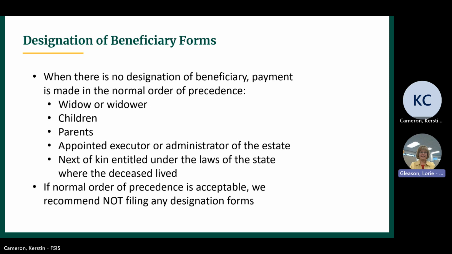When there is no designation of beneficiary, payment is made in the normal order of precedence to widow or widower, children, parents, appointed executor or administrator of the estate, next of kin entitled under the laws of the state where the deceased lived. If normal order of precedence is acceptable to you, we recommend not filing any designation forms.